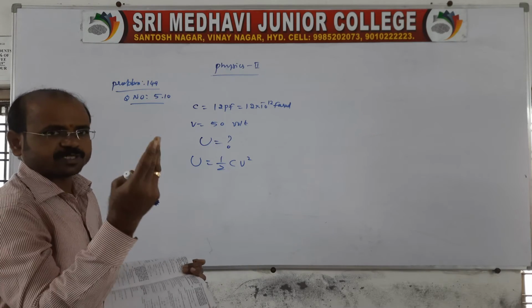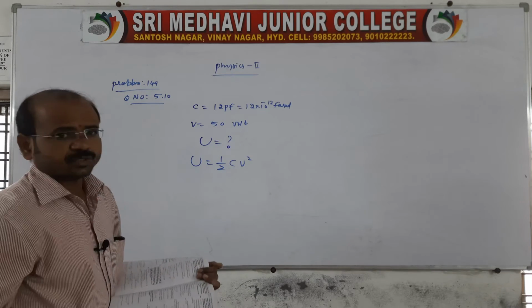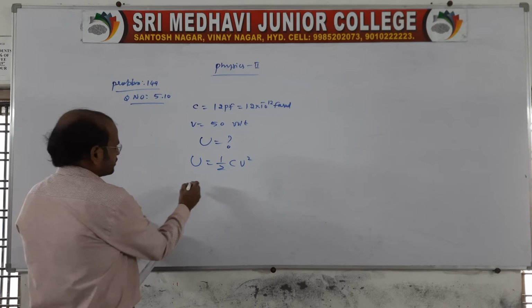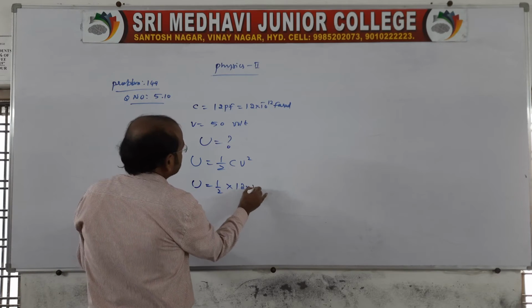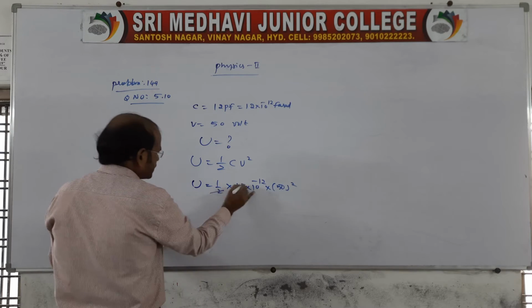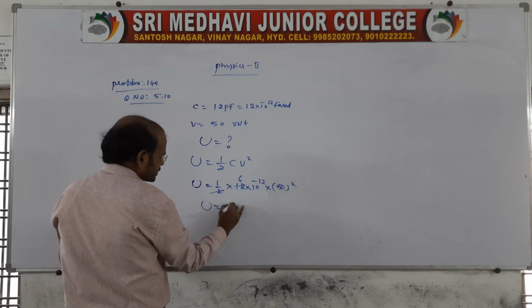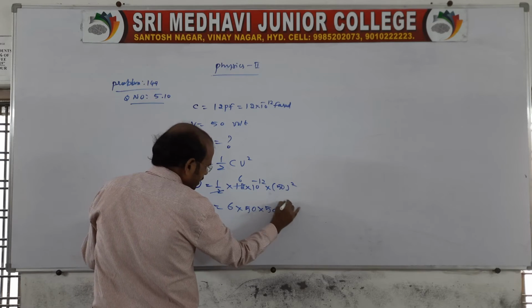We have 3 expressions, no? Out of 3, the question is related to only C and V, so you use C and V. So the energy U is equal to 1 by 2, C is 12 into 10 power minus 12, V is 50 whole square. 2 ones are 2, 2 sixes are 6, so 6 into 50 into 50 into 10 power minus 12.